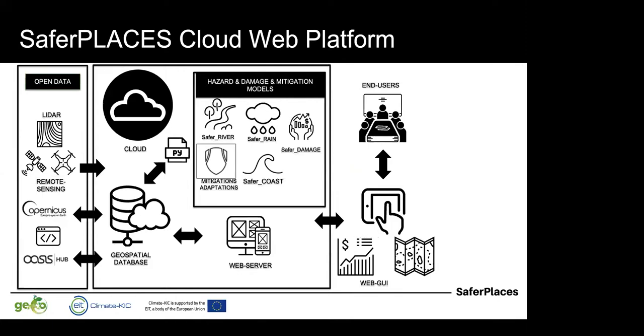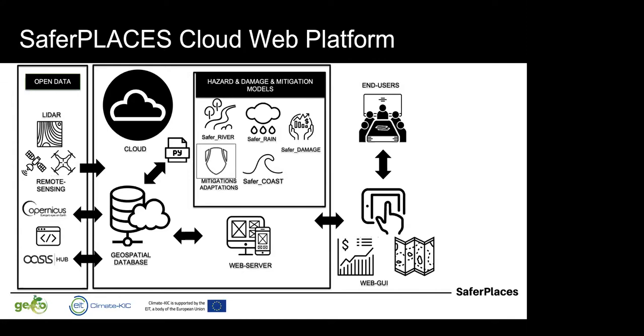All the components that I mentioned and described before are embedded in a cloud computing framework. In particular, we have exploited the high power computing of Amazon cloud infrastructures. And so all the open data collected from several sources, exploiting, for example, APIs, are uploaded in the geospatial database inside the cloud infrastructure.